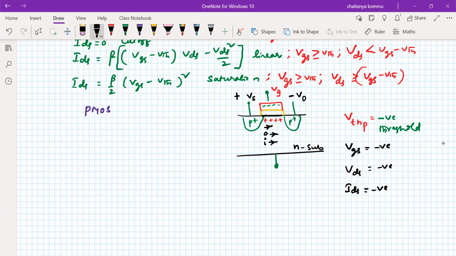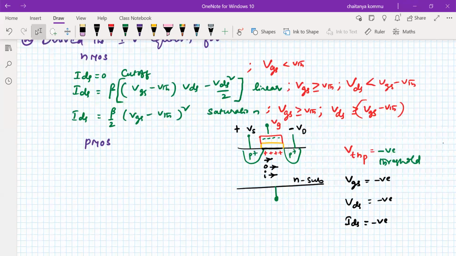Since IDS is negative, writing the equations in the negative direction is not advisable. Instead, we can write all these things in a positive direction with the help of magnitudes, absolute values. If you consider the absolute values, then it is equivalent to the NMOS equations, provided all these parameters are negative.